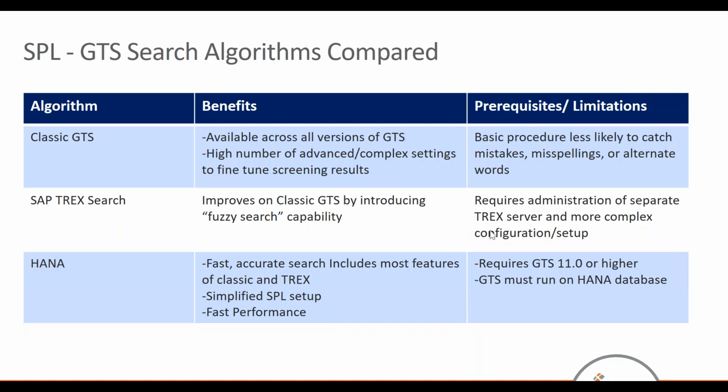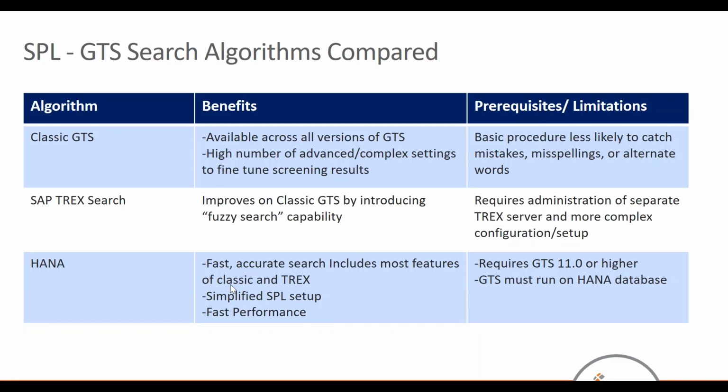Now with SAP GTS 11, you can take advantage of the new HANA functionality offered by SAP. If you use GTS on the HANA database, you can use the SPL HANA search algorithm. The benefits are that your search is much faster compared to the classic search.